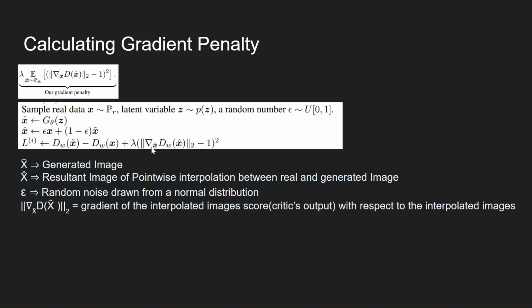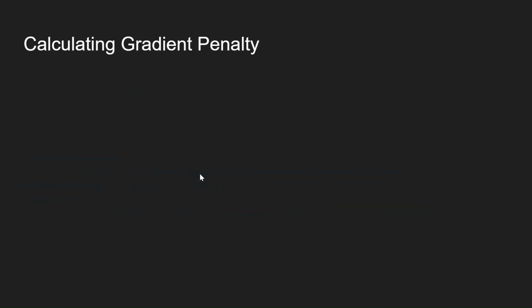So this del means the gradient, and this x hat means we are going to find the gradient with respect to this variable, which is our interpolated image, and then D_w of x hat means the score of the critic for this interpolated image. Now let's see the coding part of this.